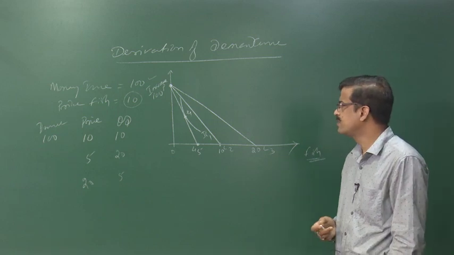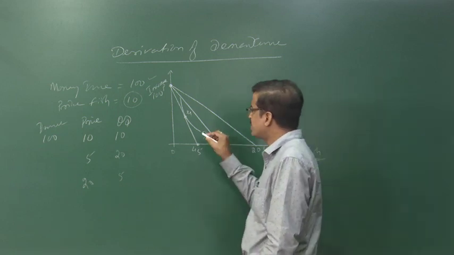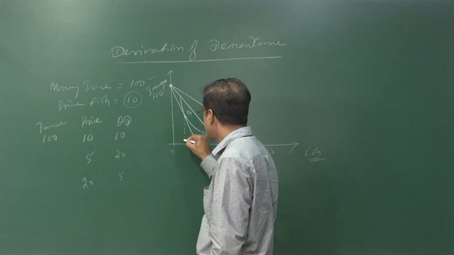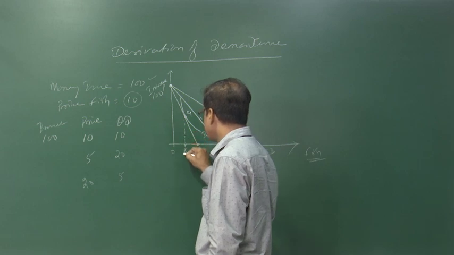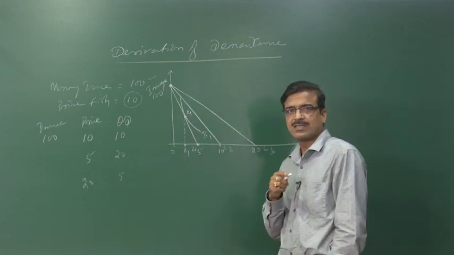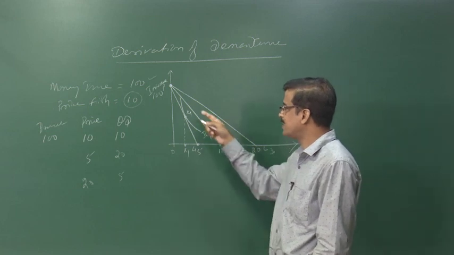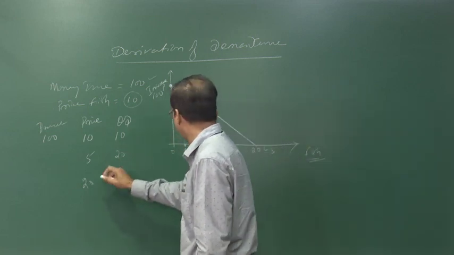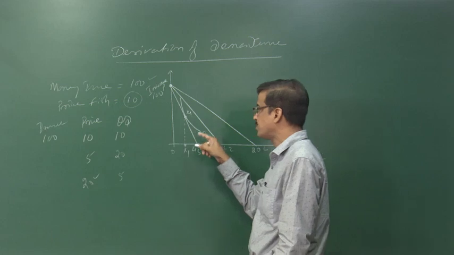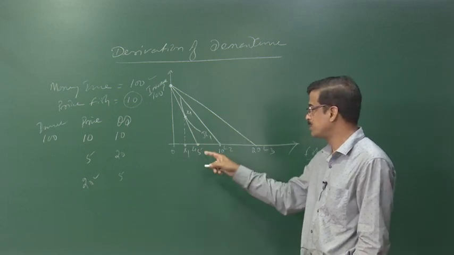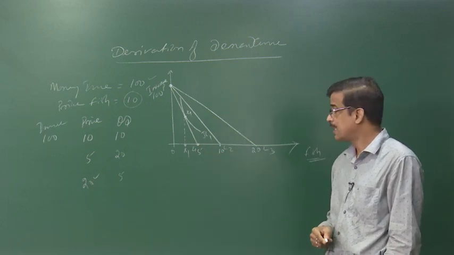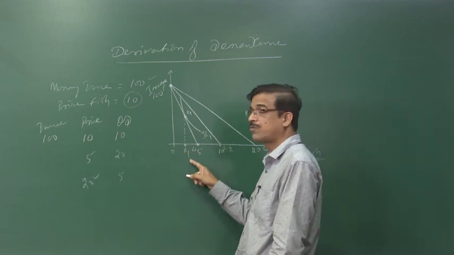What does it reflect? He is actually going to consume x1 units of the product. At what price? At the price of 20 rupees. If it is 20 rupees, you would be able to consume 5 units of it, but actually you are consuming OX1 at what price?